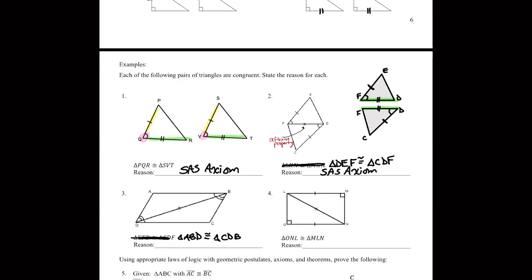All right. So if I draw this triangle, label it up, so I have D, C, B.